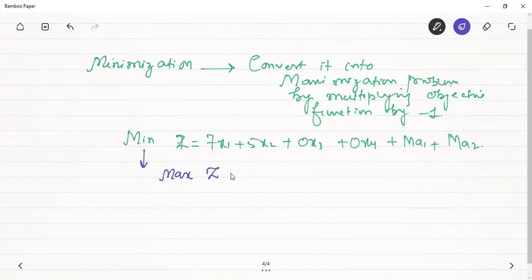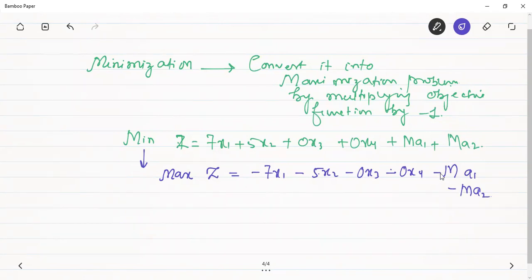So the problem will be maximize z equal to -7x1 -5x2 -0x3 -0x4 -MA1 -MA2. Now see for yourself what happened by the minus.